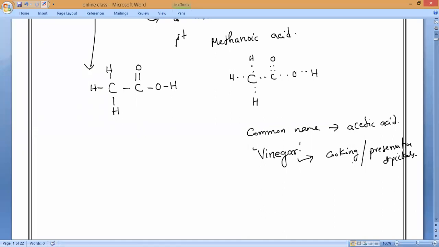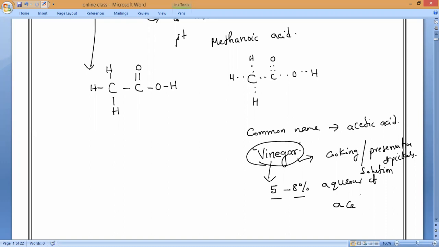Now, what is vinegar? Vinegar is the substance which contains a 5 to 8% aqueous solution of ethanoic acid. In vinegar, how much acid is present? It will be 5 to 8%. A 5 to 8% aqueous solution of acetic acid is called vinegar.